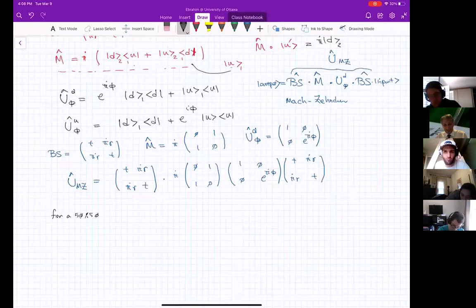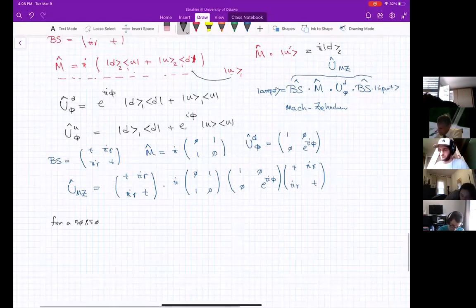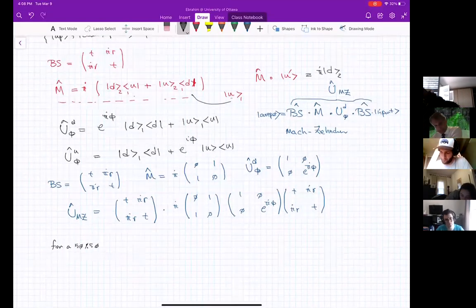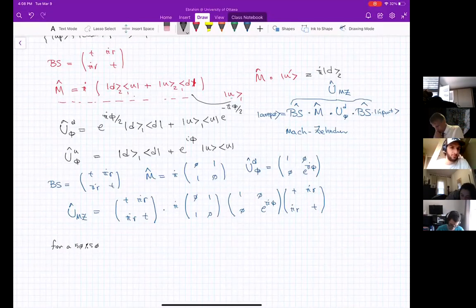Good. So based on what you have seen with Mathematica, I made the phase symmetric. So the phase operator, I introduced this one to be divided by 2 with respect to the other one, which is e to the power of minus I phi divided by 2. Or you can say that I'm factoring out these phases, e to the power of I phi divided by 2 with minus sign and plus sign.